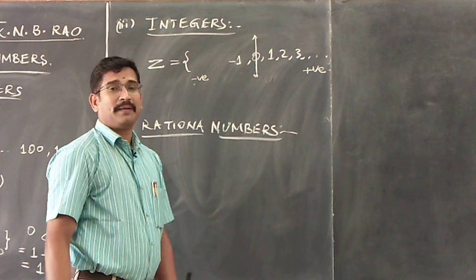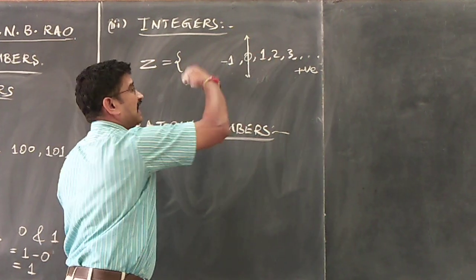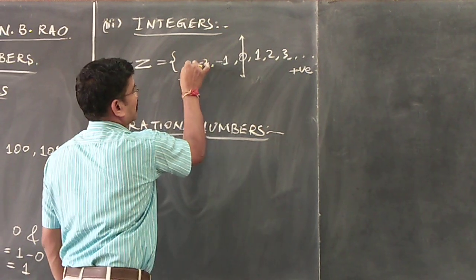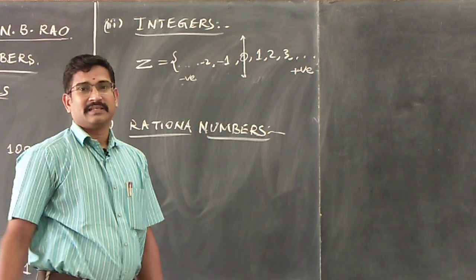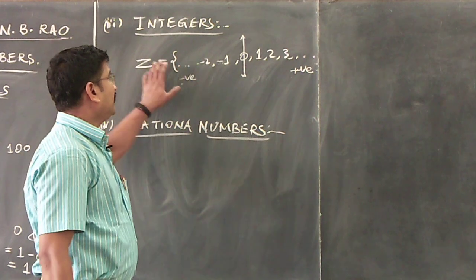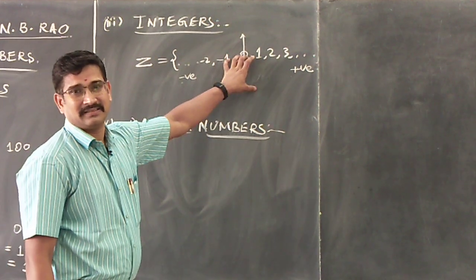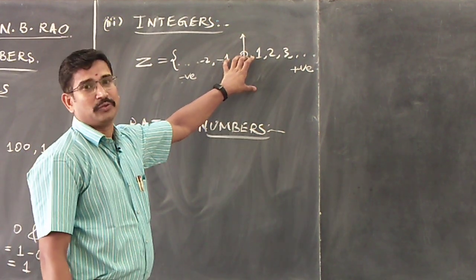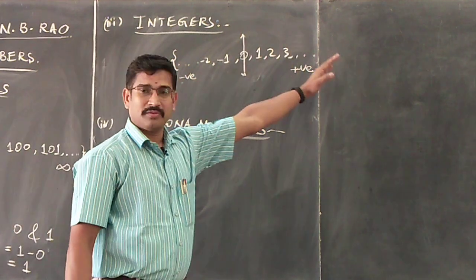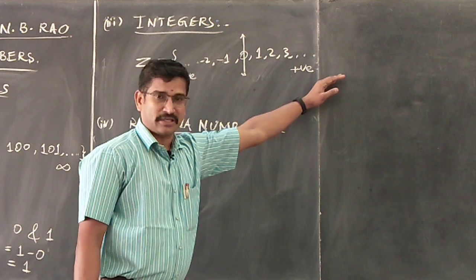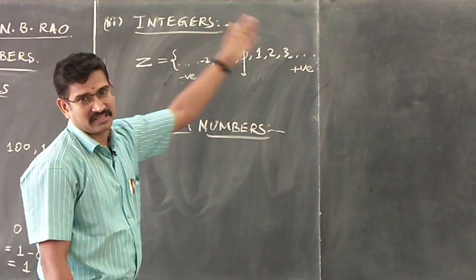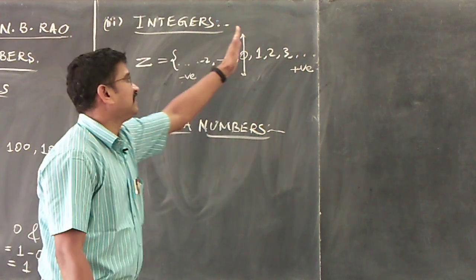So, that is the reason why I am calling the images of these natural numbers the negative form of integers. Here, all the integers can be subdivided into 3 sets: positive integers, which are nothing but natural numbers; negative integers, that is images of those natural numbers, as I said; and 0.